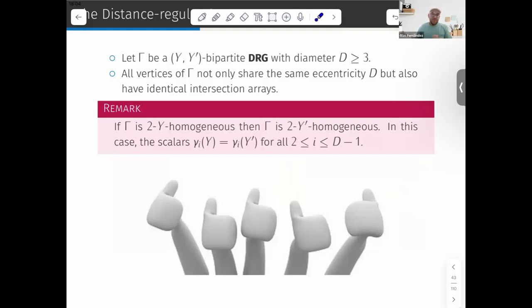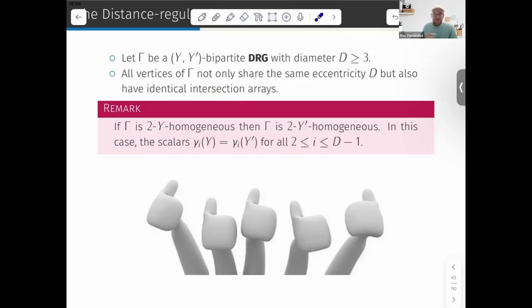So let's first consider the case of the distance regular graph. If we have a distance regular graph, all vertices have the same eccentricity, and they will have the same intersection array.